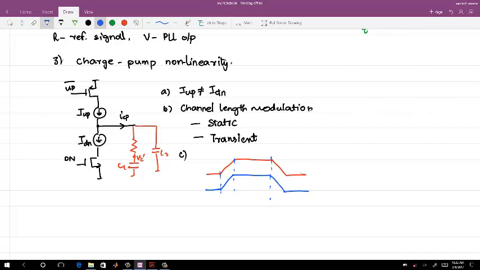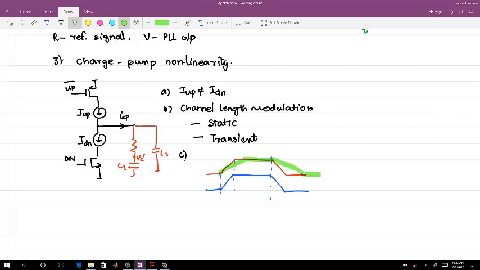Ideally, the transient waveform should exactly match if you do not want any delta I to be pumped into the loop filter at any instant of time. But what happens is, because NMOS and PMOS have different gate capacitance, even if you size the buffer accordingly, you may have a rise time difference.